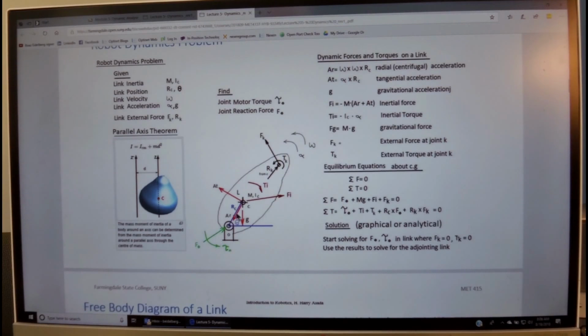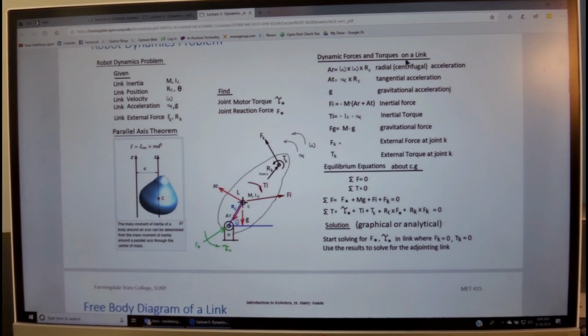This is the motor torque. We'll have to find that in order to size the motor to provide the required motion for that link, and also the reaction at the joint of the forces of the other links, and that is in order to size the bearing joint, whether it's linear or rotary, for the desired life of the robot.